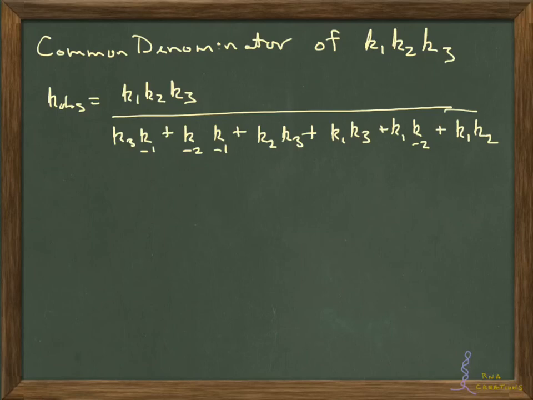Okay, and if you're under pseudo first order conditions where the concentration of S is much, much greater than the concentration of E, then you can use K1 prime equals K1 times S. So wherever you have K1, it effectively becomes K1S.